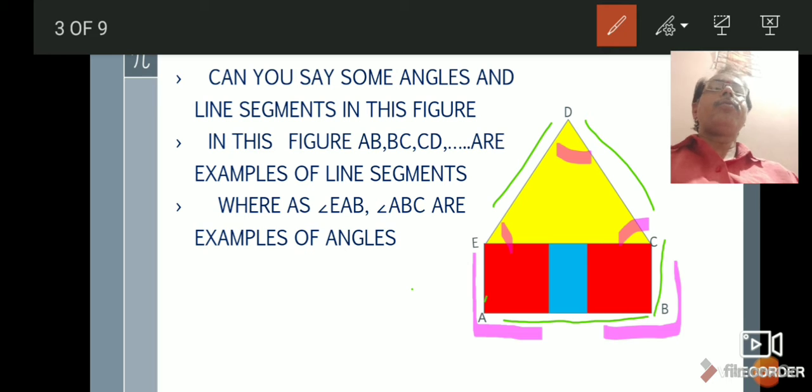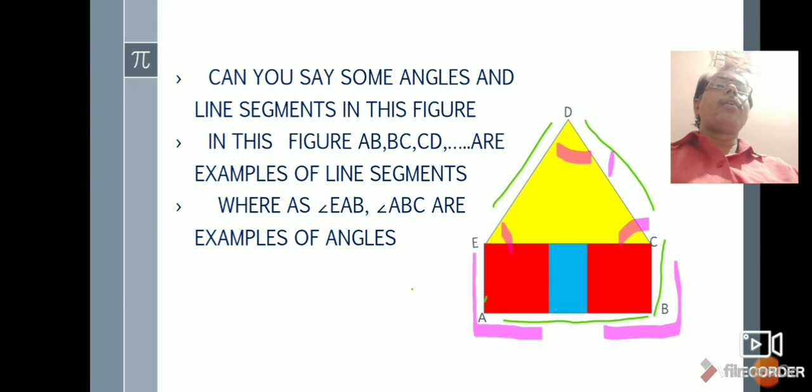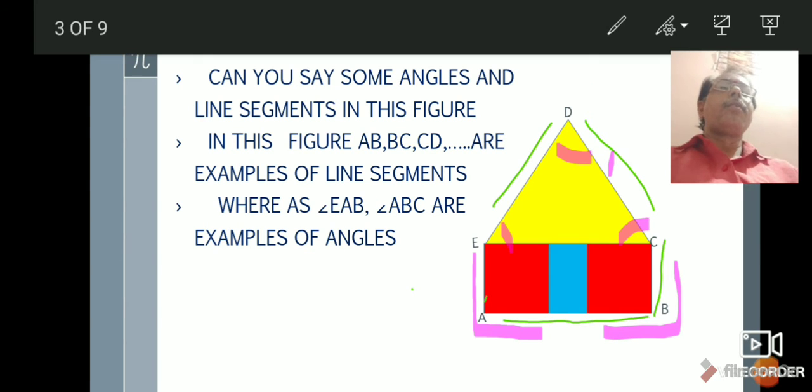So I'm telling you, just do this activity by drawing these two diagrams which are attached with each other, and write down line segments and angles. And next, now let us see one more diagram.